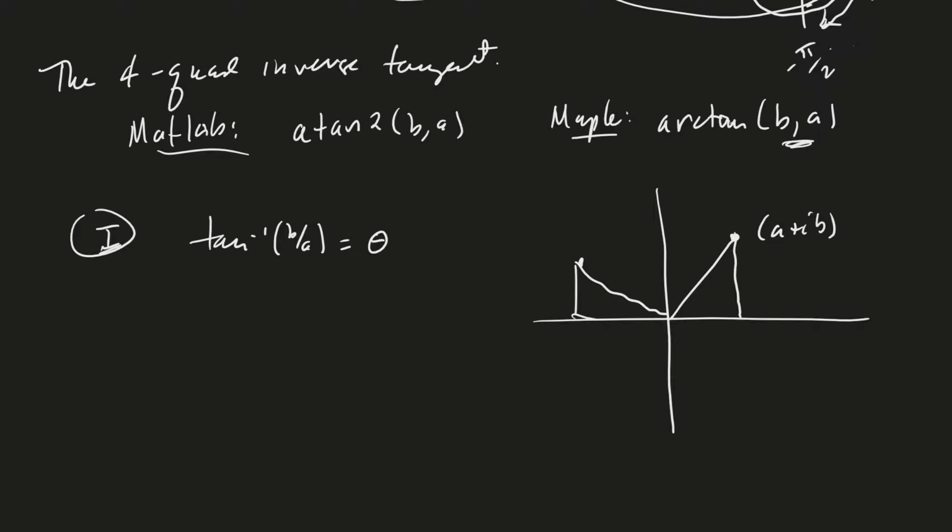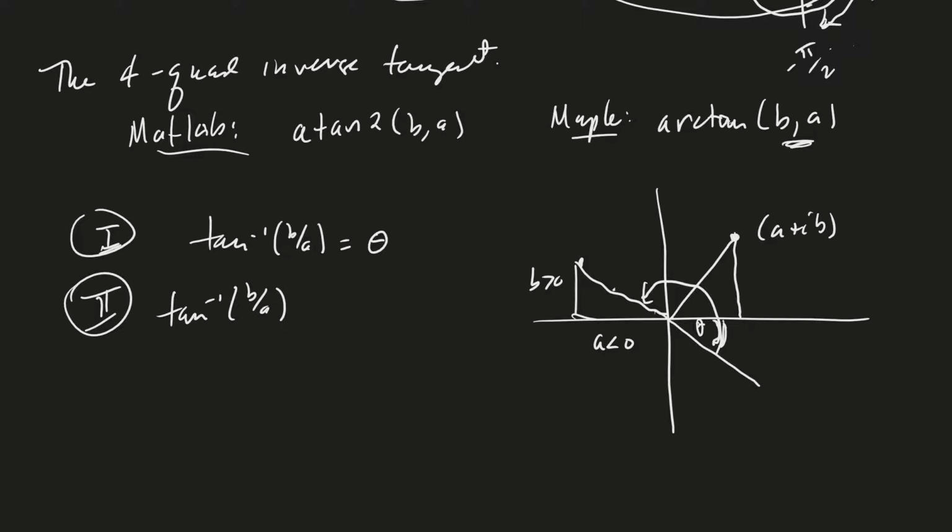That means the x-coordinate, or the a, is negative, and b is positive. In that case, your calculator is going to give you this angle as a negative theta. So in quadrant 2, you would take whatever your calculator gives you and then add pi to it.